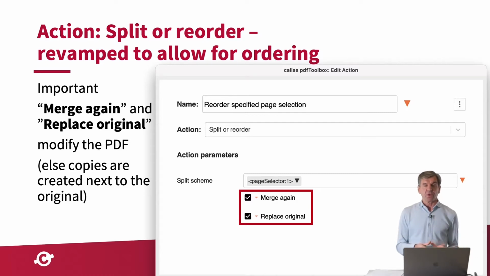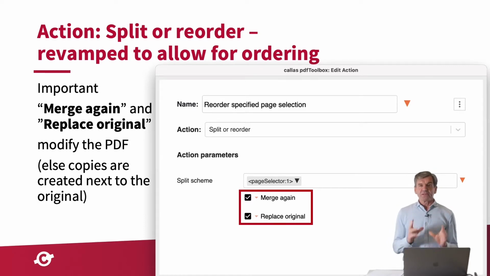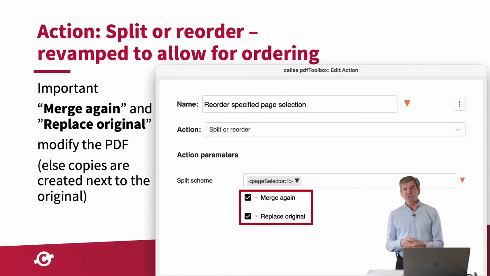So the action itself is not new, but the way it works is new. And what you need to understand, which is also not new, is that if you use this action split or reorder in a process plan, you need to know how to deal with these checkboxes here: merge again and replace original.